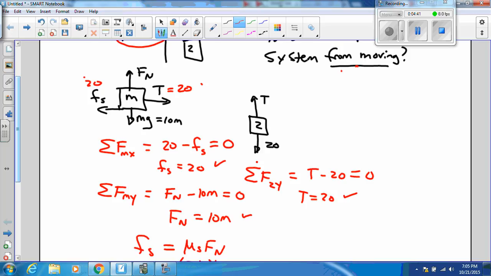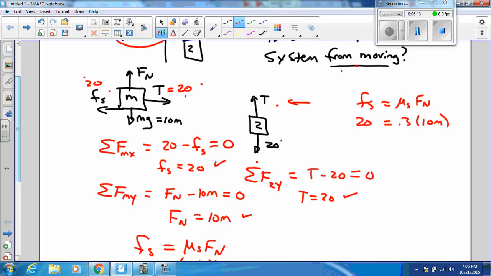If I were solving this in the wild, then I would probably do what I was doing at the end of class there. I would immediately assess that my tension had to be 20 in order to keep these two balanced, which means that my friction had to be 20 in order to keep these two balanced. And therefore, well, I could immediately go to Fs equals mu s Fn, and since I have those values, then I get a quick solution.